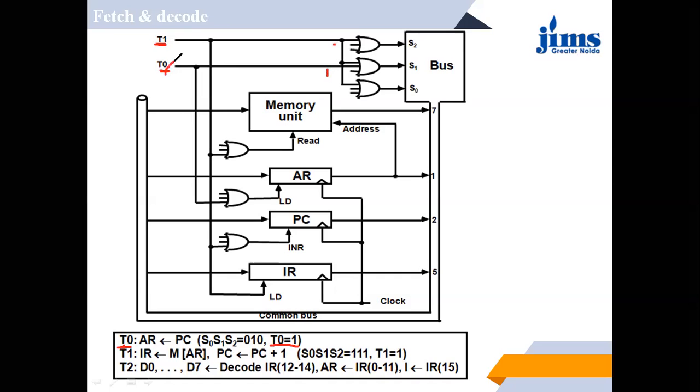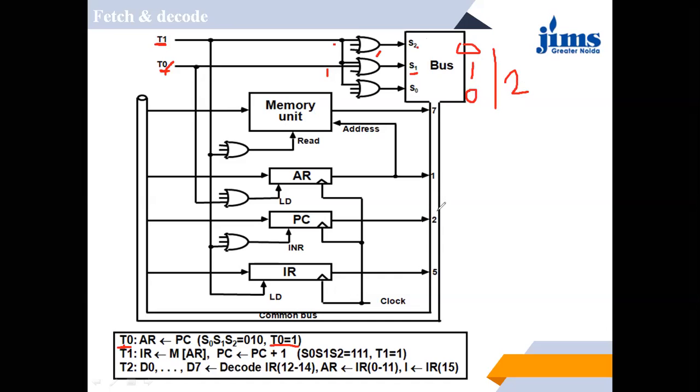in that case only this gate is going to be selected, otherwise the value of this is 0 and this is 0. So this is 0 1 0, and the value of 0 1 0 is 2. Means at that time the register that is connected with 2 is going to be active.